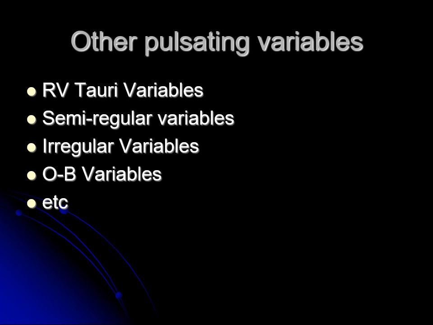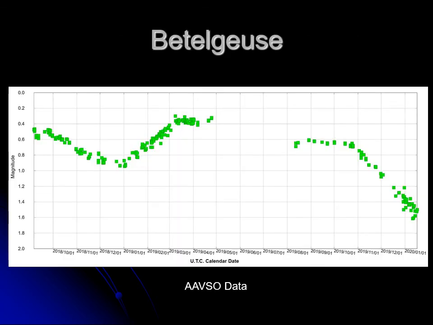I mean, depending on who you ask, it's either semi-regular or irregular, and it does these random sorts of things now and then, and this may be just one of those random things, and sure enough it is. And so it started brightening back up again. But these are the different kinds of pulsating variables. And again, towards the early part of this year, it was doing its thing, and then it just started dropping off in brightness. People were panicking about it, but it eventually turned around and it's brightening back up again.